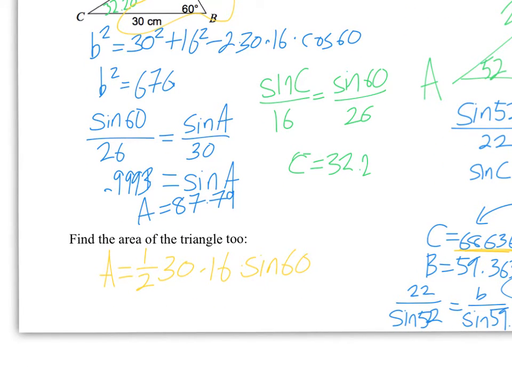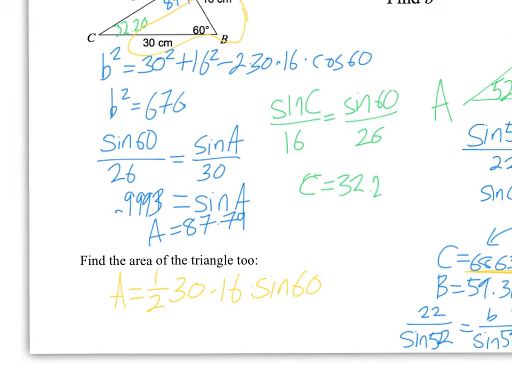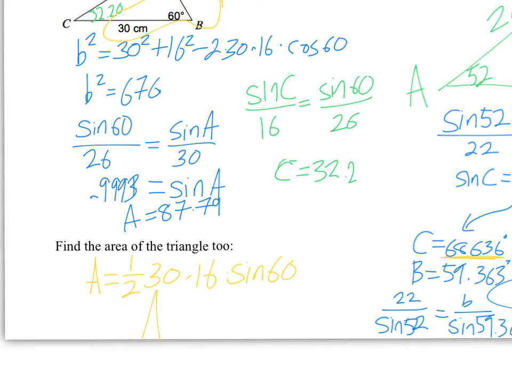And if I do that out, we get 1/2 times 30 times 16 is 480 times sine of 60. We end up with area is equal to 207.846. As an alternative, you absolutely could have found that height and done 1/2 base times height.